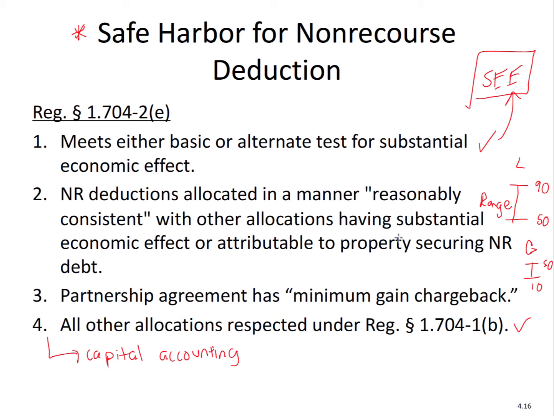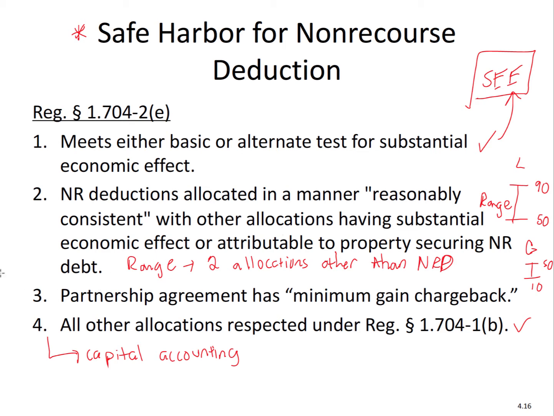If you're going to have a range, you need at least two. So to have the range, you need two allocations in the agreement other than the NRD provision. You can't use the NRD provision when you're looking at whether this will meet the safe harbor.